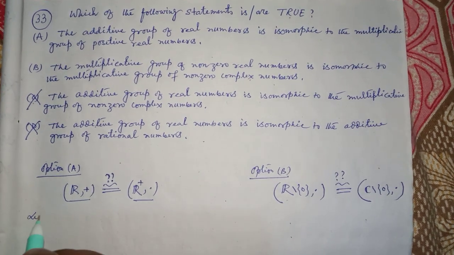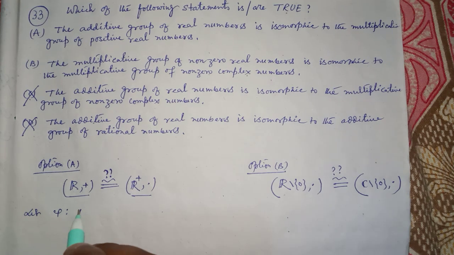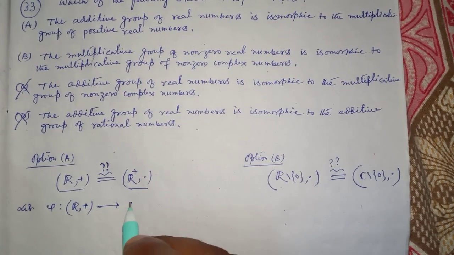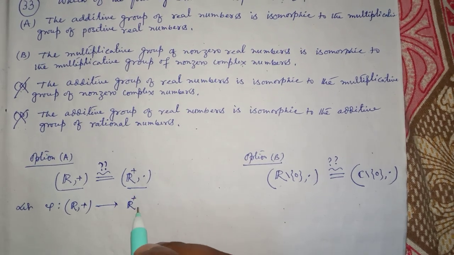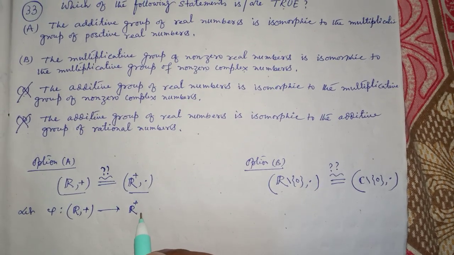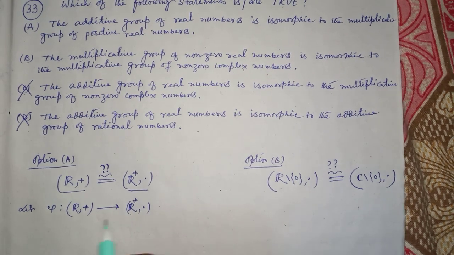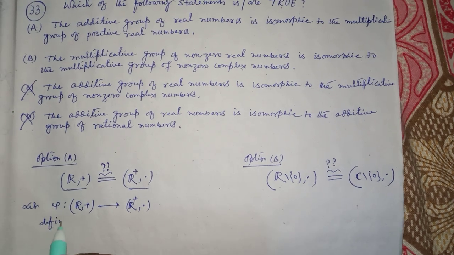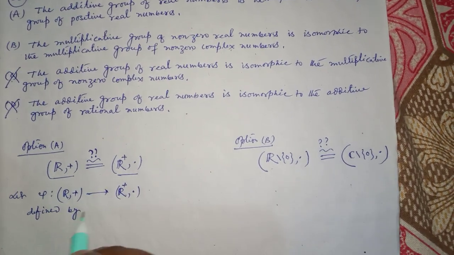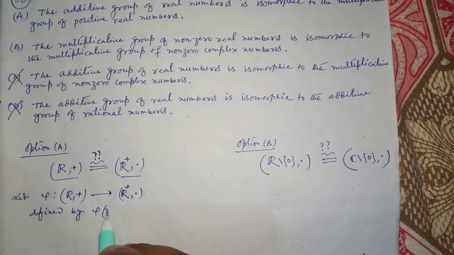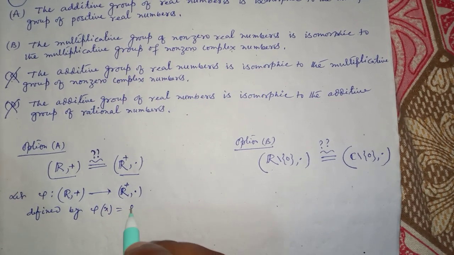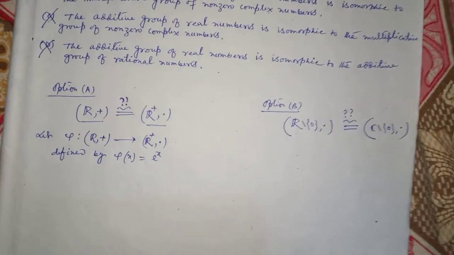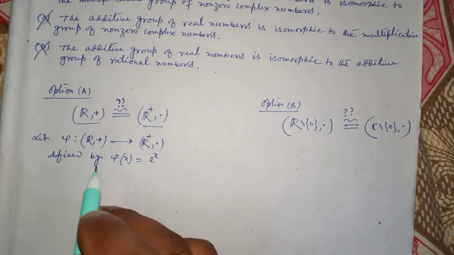So let phi from the additive group of real numbers to the multiplicative group of positive real numbers be defined by phi of x is equal to e to the power x. First we check that this is a group homomorphism.